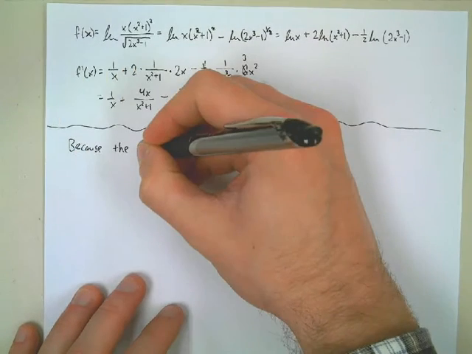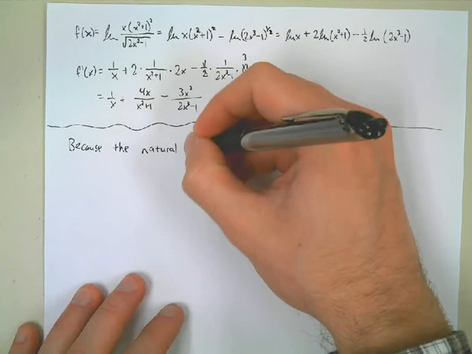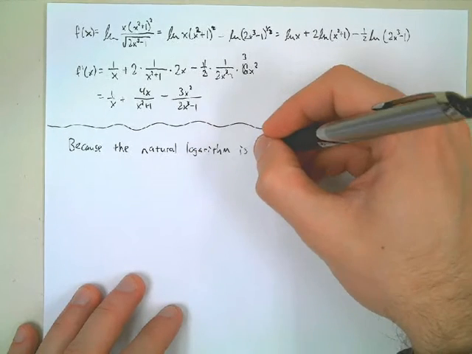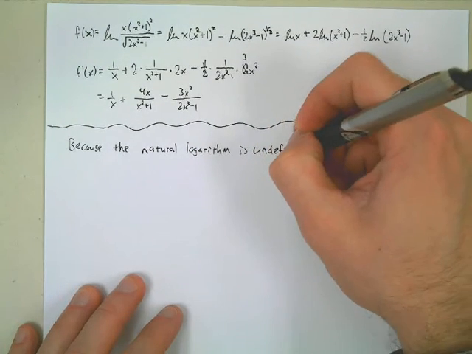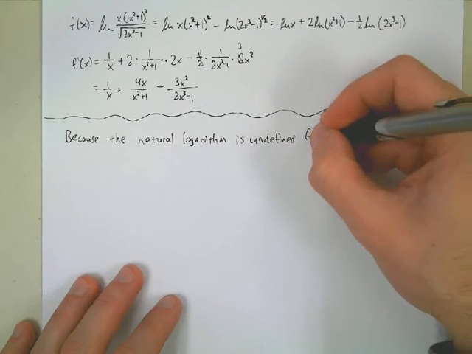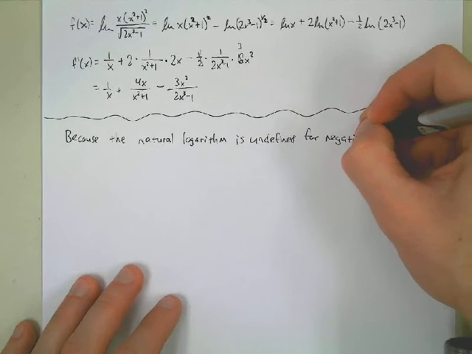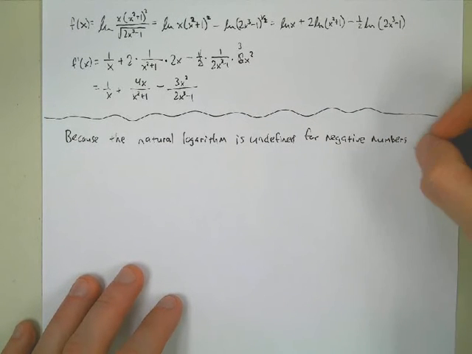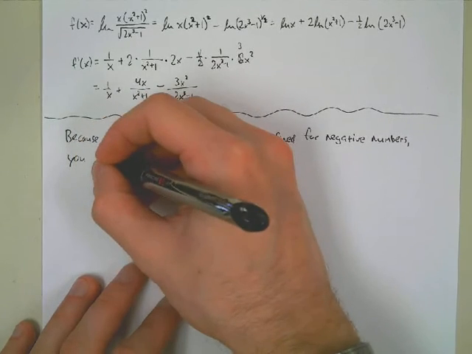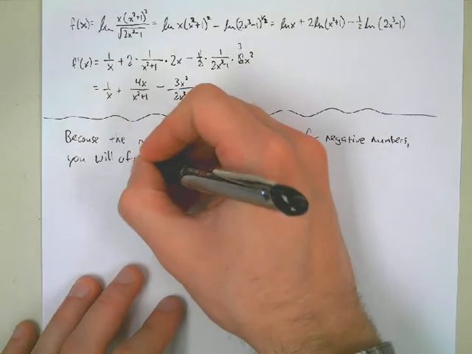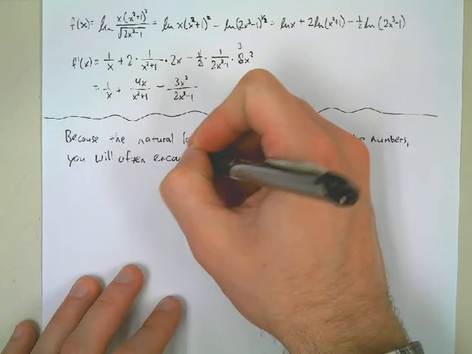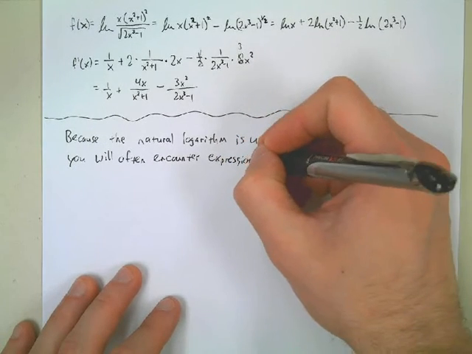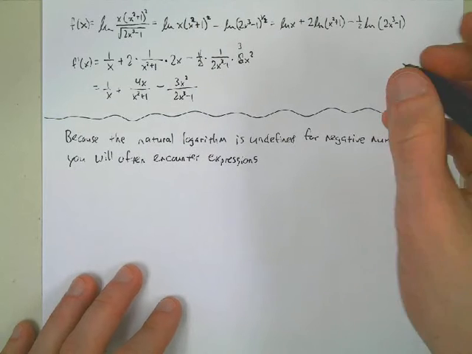Because the natural logarithm is undefined for negative numbers, you will often encounter, you as in the students, expressions of the form natural log of the absolute value of u.